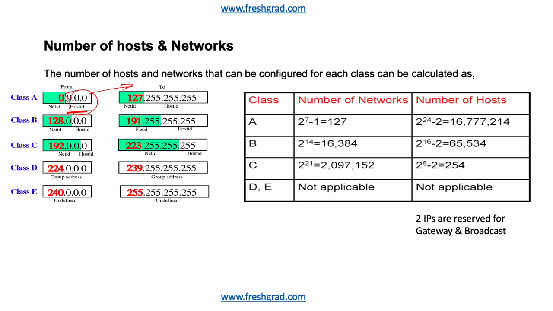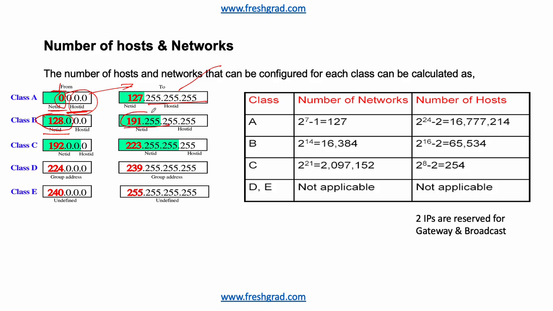All right. So class A, first octet, right? The first octet, or you can say the first number here, 0, that becomes the network ID, and the last three digits are your host ID. Here we are talking about decimal numbers, right? In class B, the range starts from 128.0, this is your network ID.